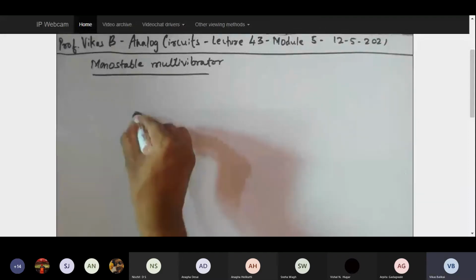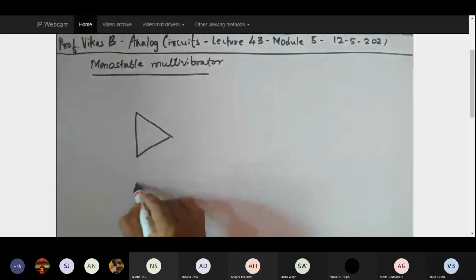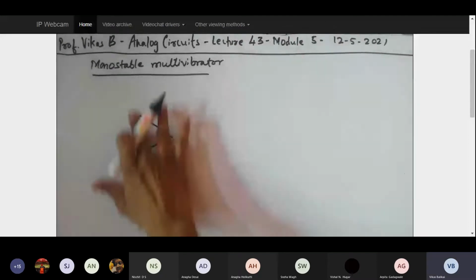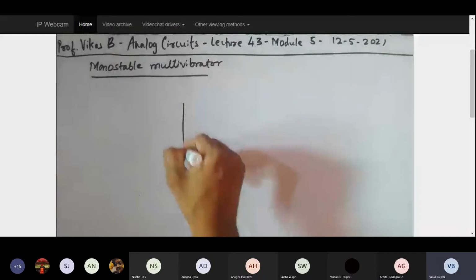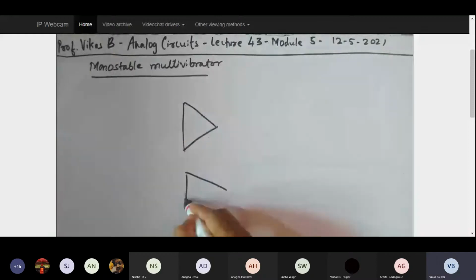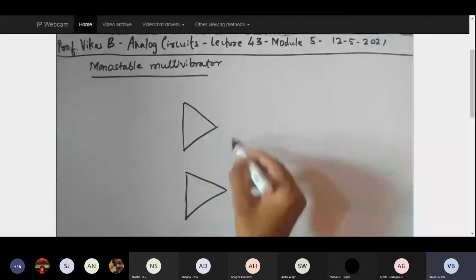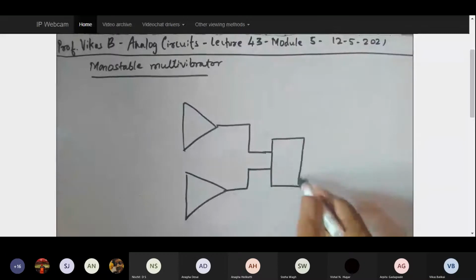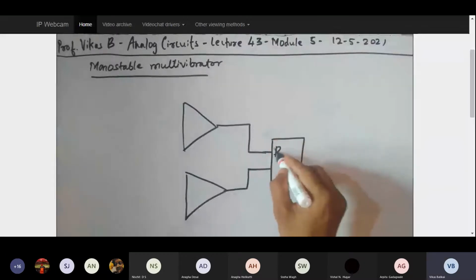So it has got two comparators made up of op-amp. This is how the structure goes, and at the last phase we have something called an RS flip-flop, or SR flip-flop.